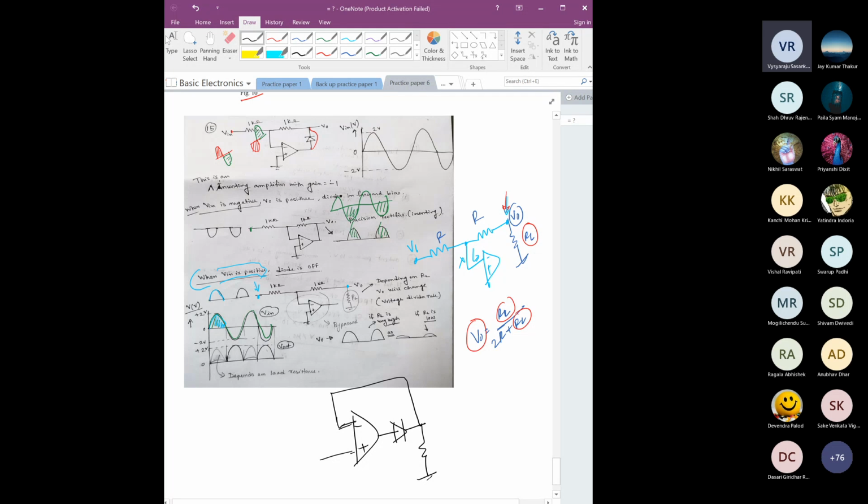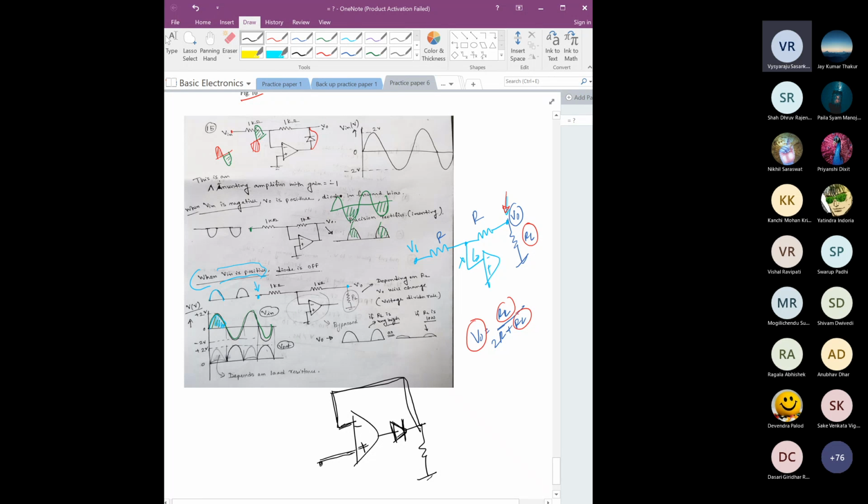It is actually a buffer. For the buffer, in between we have placed a diode. So it is not this configuration, and this situation will not arise, whatever situation is arising here, because now it has been connected with the inverting terminal and you have a feedback path between this input and this output.